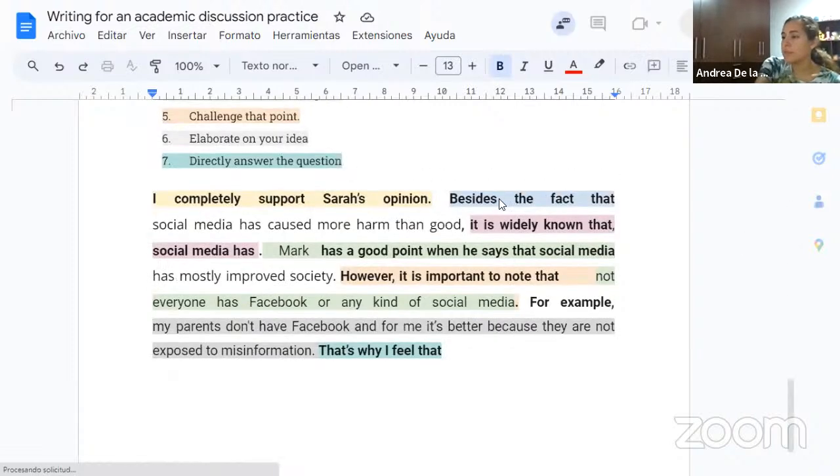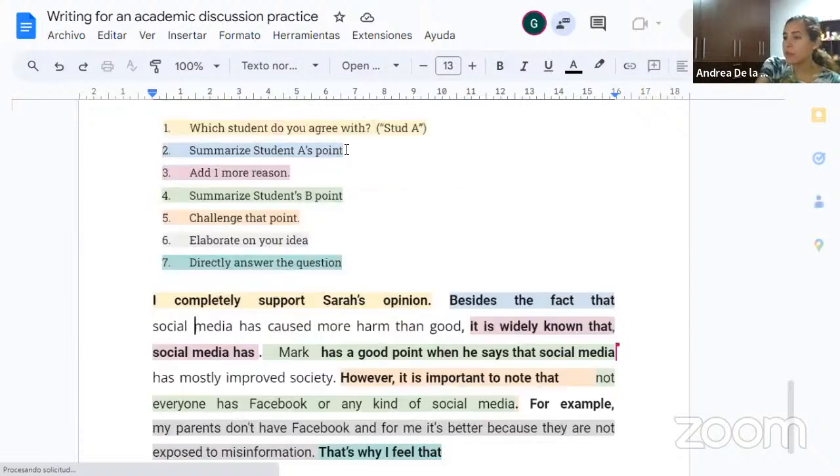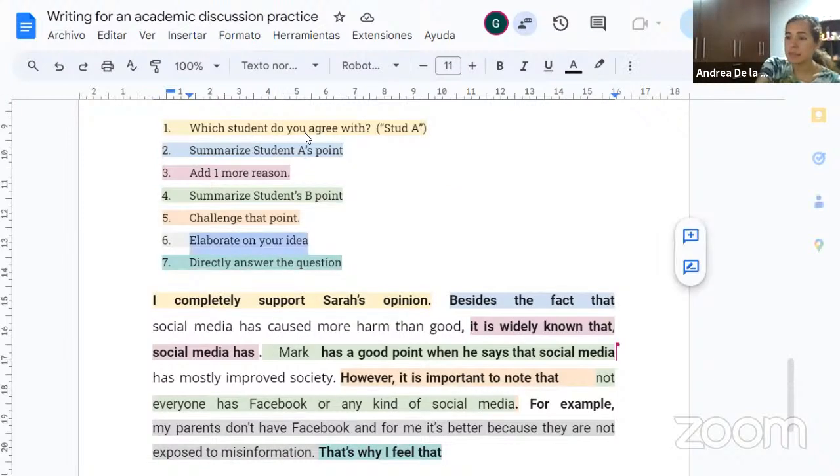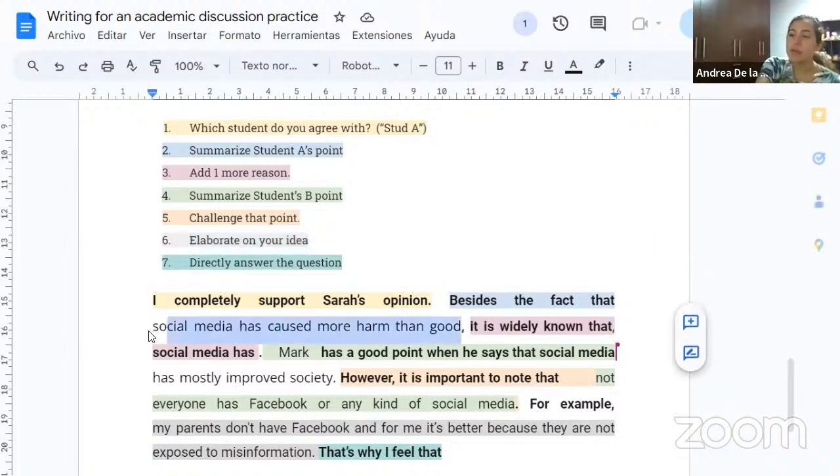And you say, besides the fact that social media has caused more harm than good, okay, I like this, but remember that in this second part, what you have to do is summarize Sarah's main point. So Sarah's main reason, in other words. So here you are mentioning her opinion again, right? Don't mention her opinion in this part, mention her reason.